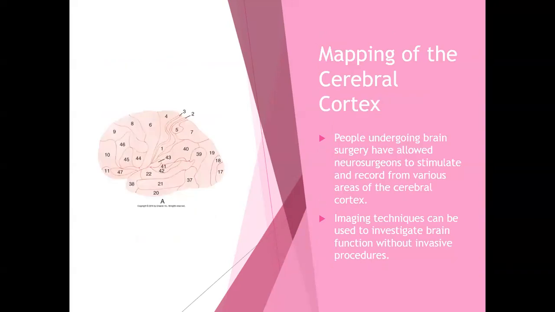So originally, the cerebral cortex was mapped. We have all the different areas, and you can look at the external structure of the brain, and you can dissect it and look at all the different things, but you can't tell from that what things do. Initially, if someone was undergoing brain surgery, they allowed neurosurgeons to stimulate and record from various areas of the cerebral cortex.